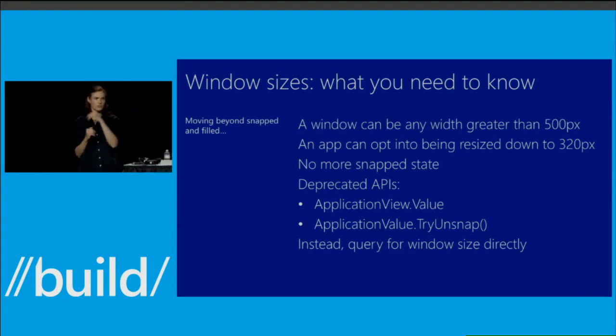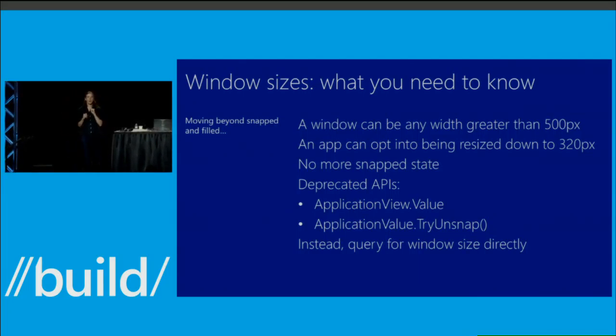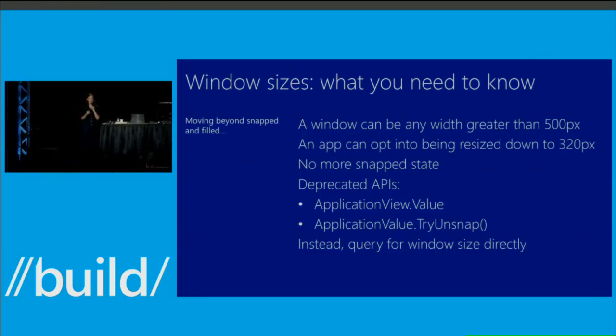There's a question. Can I get you to move to the microphone so people on the video can hear as well? So if you want to go below 500 pixels, is it only 500 or 320, or is there anywhere within that range? Great question. So down to 500 means that your app can be smoothly resized all the way down to 500. It can be 602, it can be 700, it can be any size.